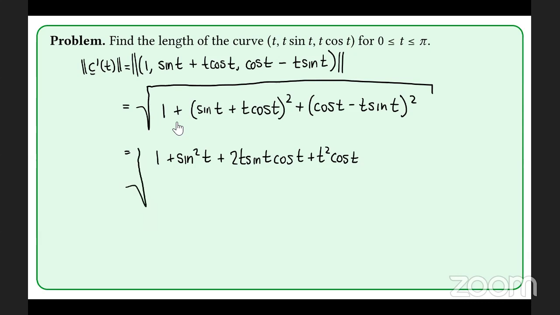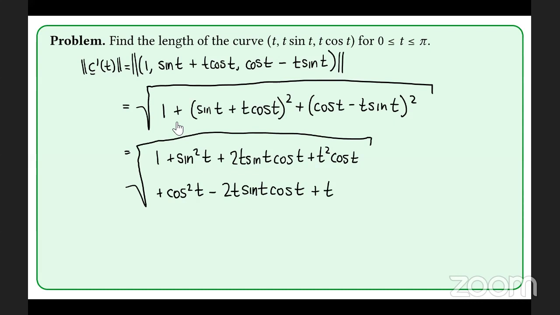I'm just grouping it all. And then plus cos squared of t minus 2t sine t cosine t, and then plus t squared sine squared t.